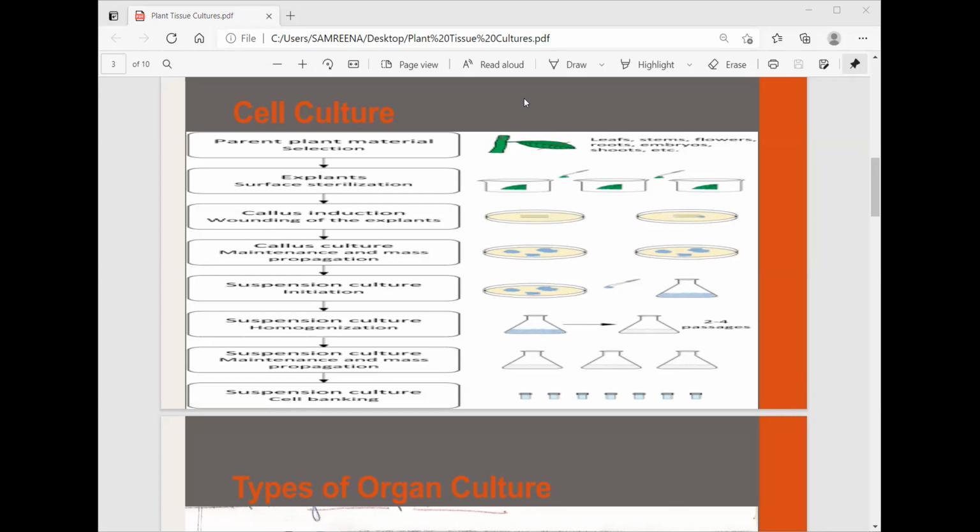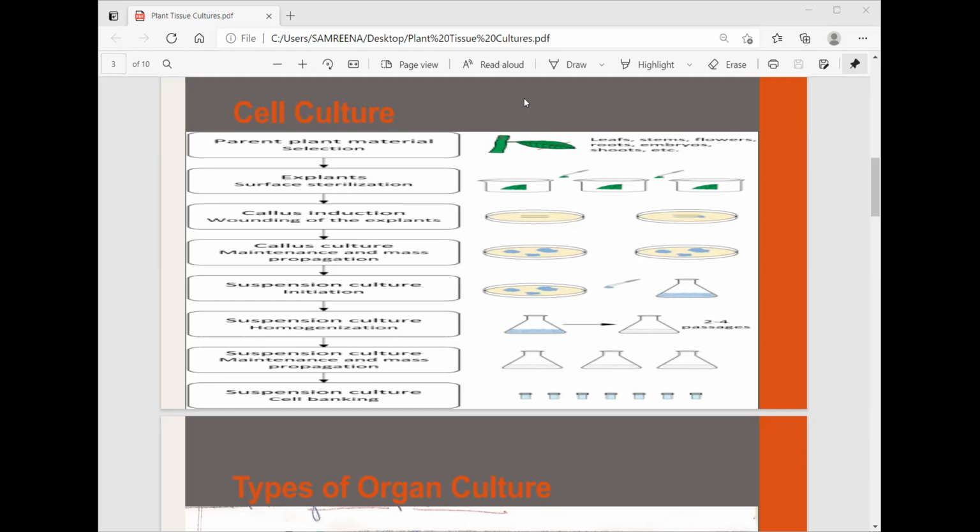The primary metabolites are those metabolites which are utilized by the plant for its own growth and development. Primary metabolite वो metabolites होते हैं जो plant अपने growth and development के लिए use करता है. Then the secondary metabolites are not utilized by the plants for its own growth and development, but it has been seen that these secondary metabolites are having importance.